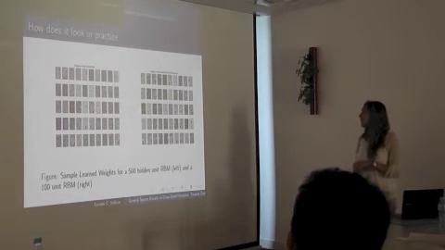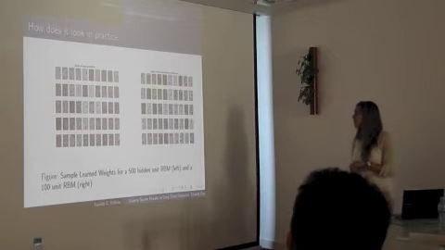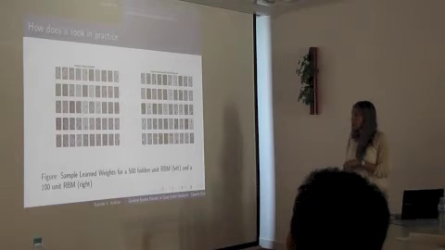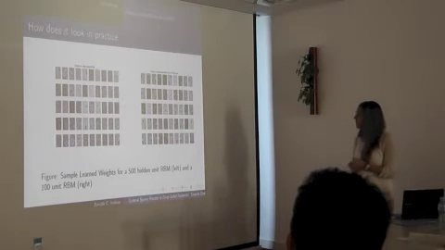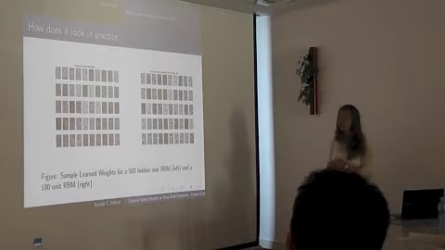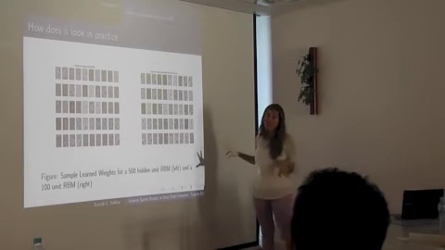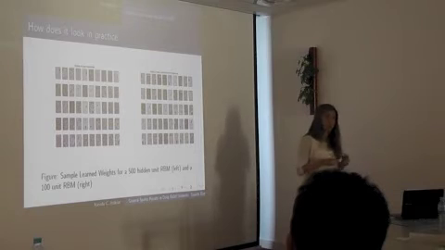So here is an example of some sample learned weights for a 500 hidden unit RBM and a 100 hidden unit RBM. To the left you have the 500 unit. I don't know if you can see the differences, but this is just a sample, it's not all 500 hidden units, because otherwise it would be difficult to see.